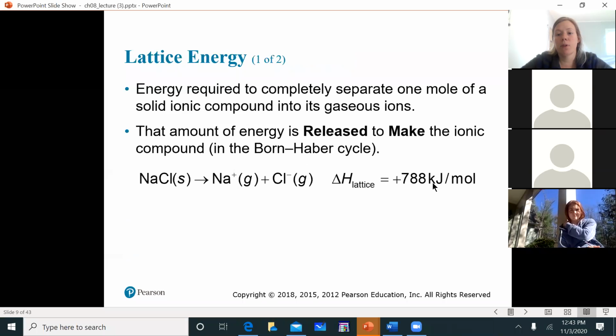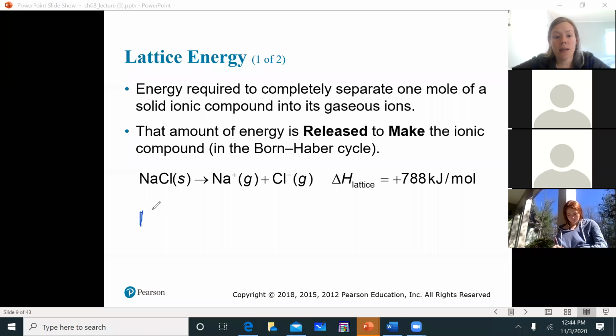So here is an example of a lattice energy. We've got sodium chloride. We're going to break it up into its gaseous ions, and it will be an endothermic reaction, or its lattice energy will be plus 788 kilojoules per 1 mole of salt. The reverse of this reaction is exothermic.